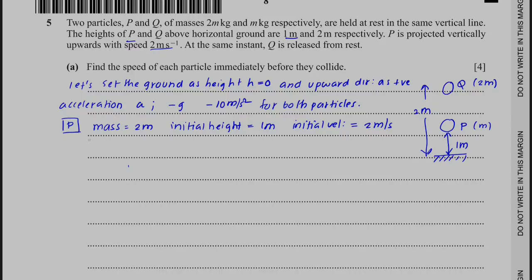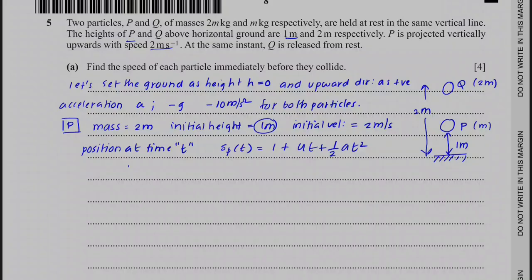Now we are going to find the position at time t. So we are trying to find the position of P as a function of time. Let's call it Sp of t, where the suffix P stands for the particle P. We can write it as 1 plus ut plus half at squared, where 1 is the initial height that we have already written here.